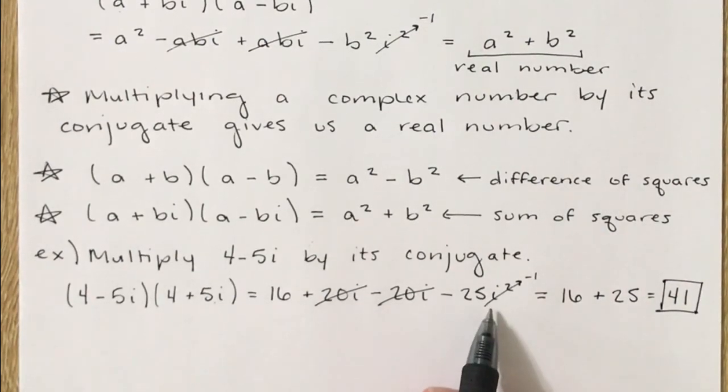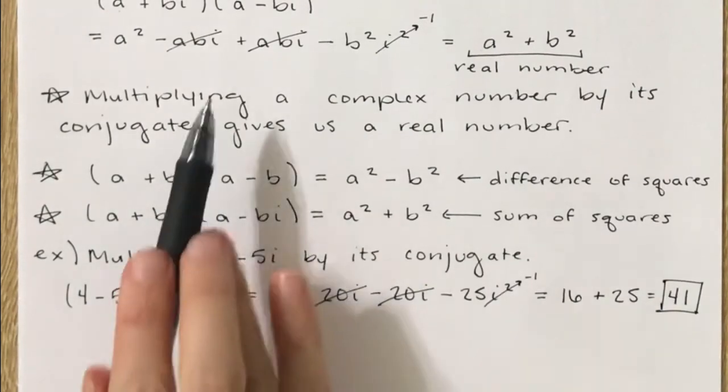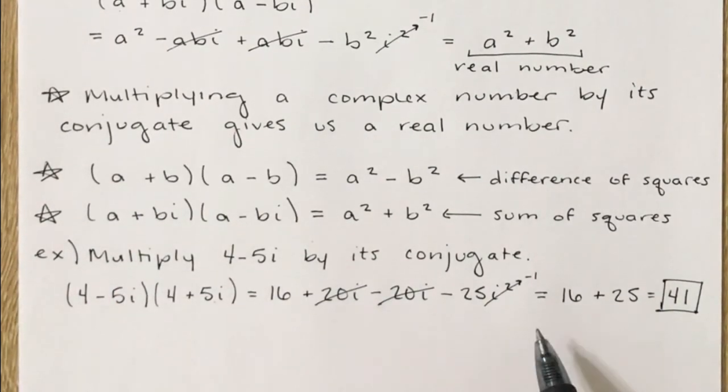Now, in order to get here, we had to do this process, which we kind of already did when we were figuring out the fact from before, right?